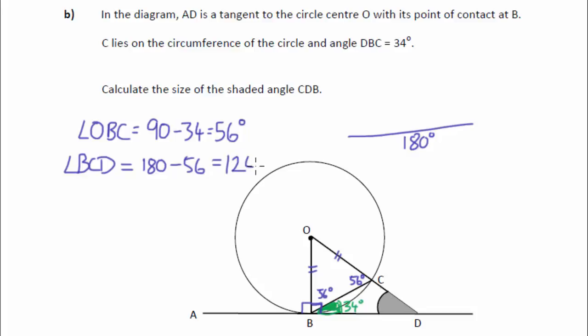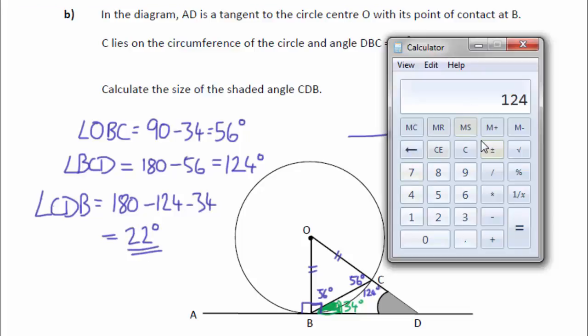So I think it's the same values as the last question. So the angle we're looking for, angle CDB, equals 180 minus 124 minus 34, and it's the exact same as the last one, 22 degrees.